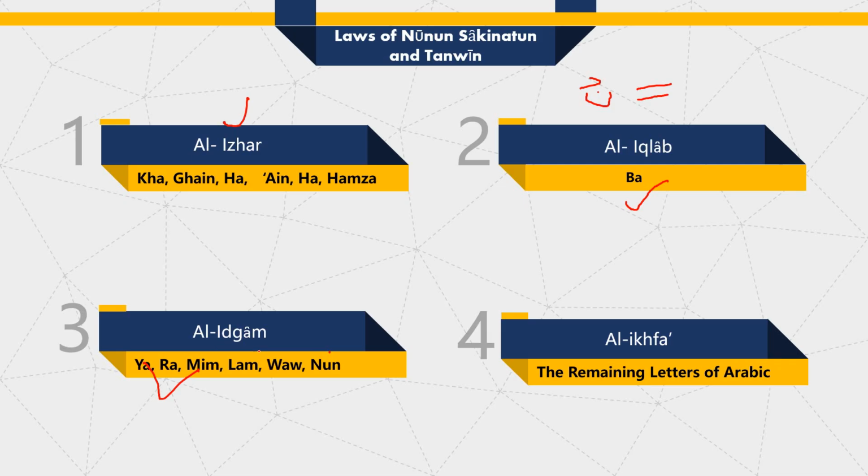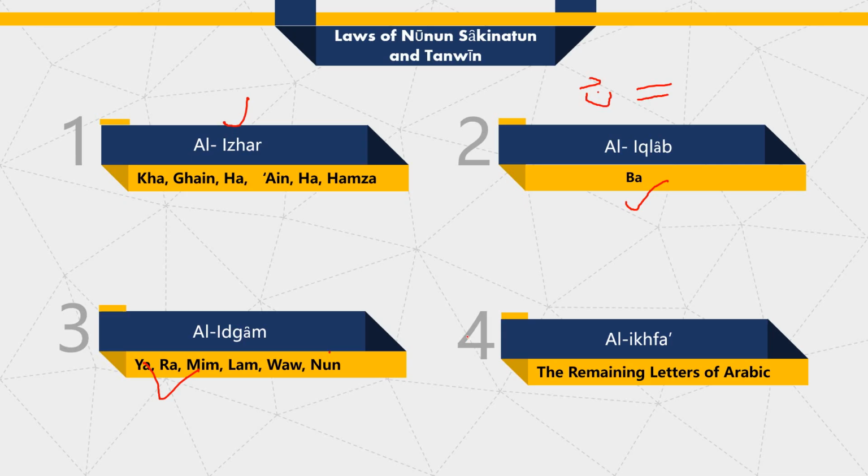We are going to clarify that later if there's any error. But ra and lam are idgham bighayri ghunna. Then you have ya and waw, nun and mim, which are idgham bighunna.